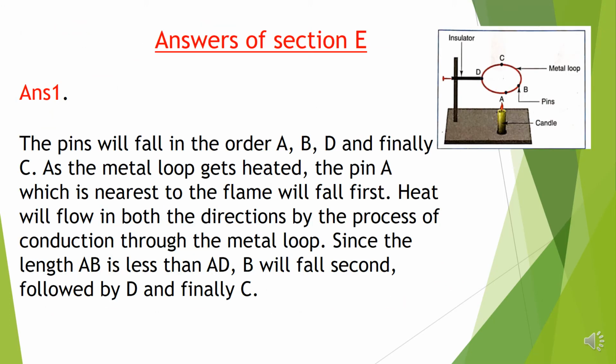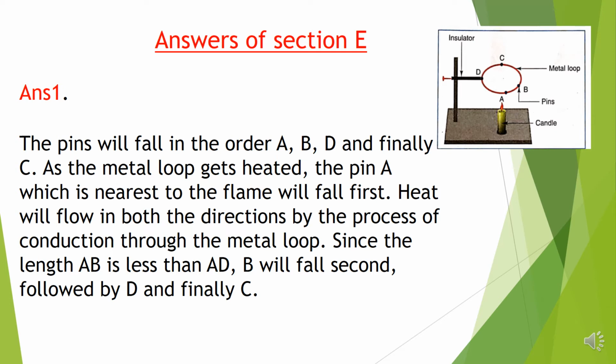Now in question 1, we can see from the figure that pins A, B, C and D are attached to the circular metal loop. Now since A is nearest to the flame, as the metal loop is heated, it will fall first.